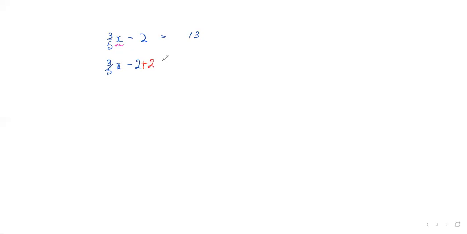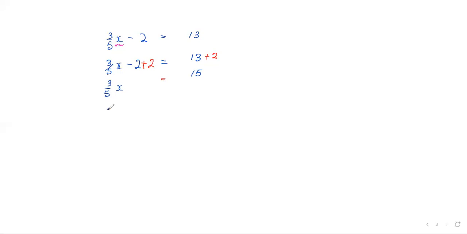And we write 13 plus a 2, which gives us a 15, of course. So 3/5 x is equal to 15. Now, we are looking for x.